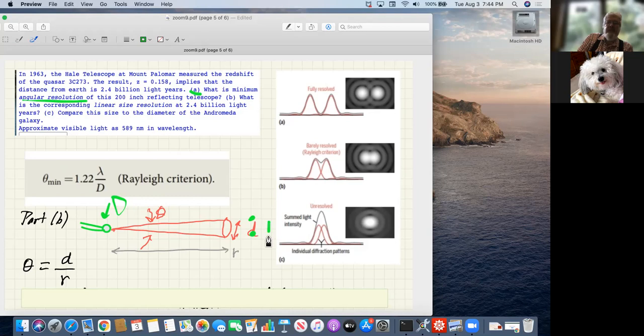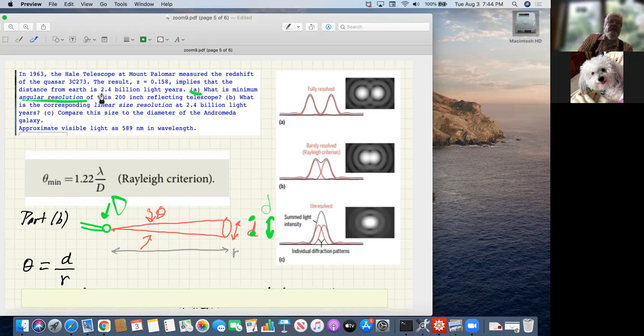The linear resolution is this distance D. By trigonometry, theta is D over R, where R is the distance from the telescope to the source, to the stars. So this is R.